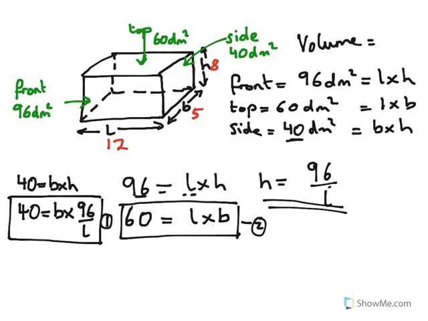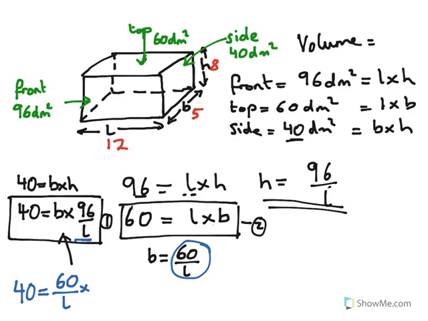Let's rearrange equation 2. I can say that B here equals 60 divided by L. So now whenever I see B, I can substitute B equals 60 over L into this equation 1 here. So let's do that. What do I then know? Well, I know that 40 equals B, but I know that B equals 60 divided by L. So I get 60 divided by L times my next expression, which is 96 divided by L. Right, let's just rearrange that equation. Let's multiply both sides of my equation by L squared.